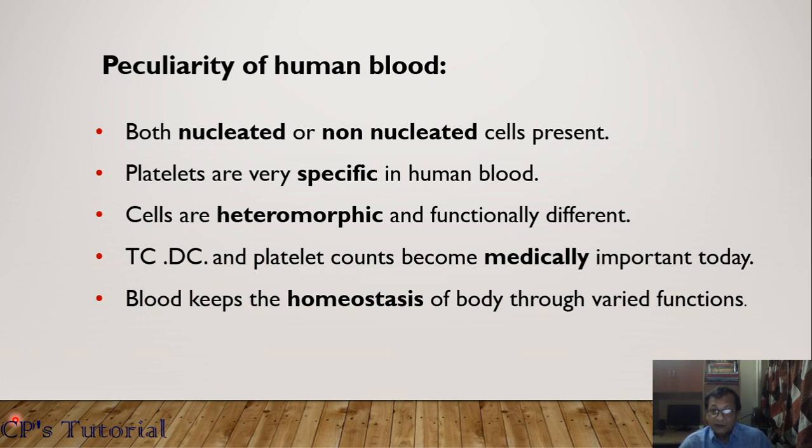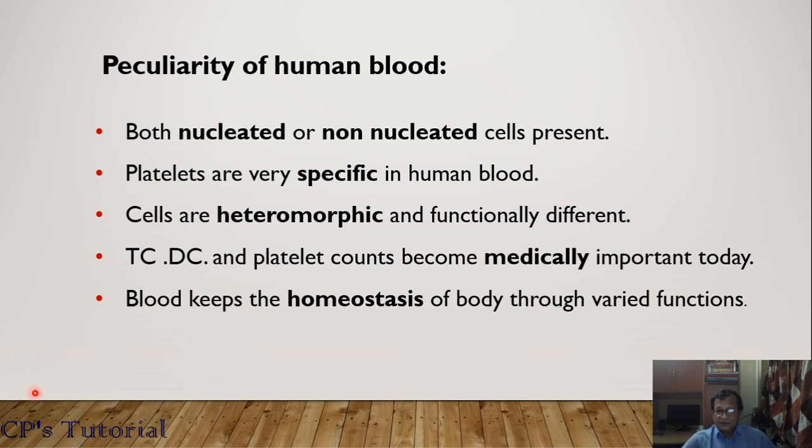Moreover, human blood is used in homeostatic strategy. It does various functions such as respiration, transportation of oxygen, excretion, and by doing all these functions, it keeps the homeostasis of the body.